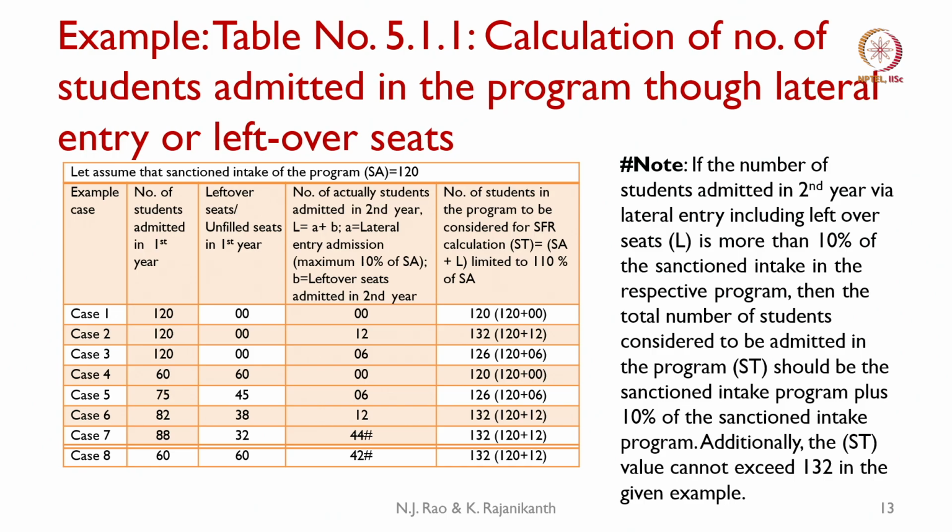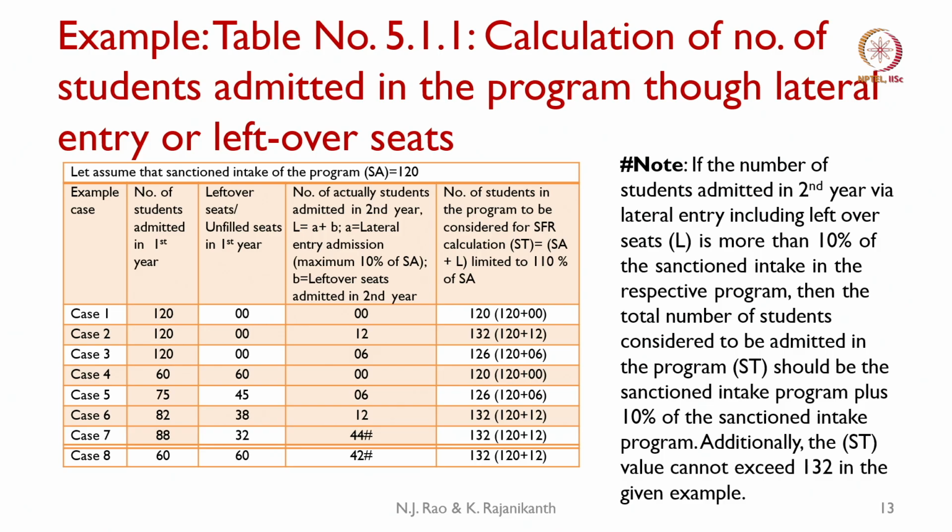Let us say case 3, number of students admitted in first year 120, that means full sanctioned intake has been filled up. So, there are no leftover seats, there are no unfilled seats in first year, that is 0. And the number of students actually admitted in second year, L, is lateral entry admissions, which is 10% of sanctioned intake. So, in this case 10% of 120 is 12. So, we can have 12 lateral entry admissions, that is A, plus B is leftover seats admitted in second year.